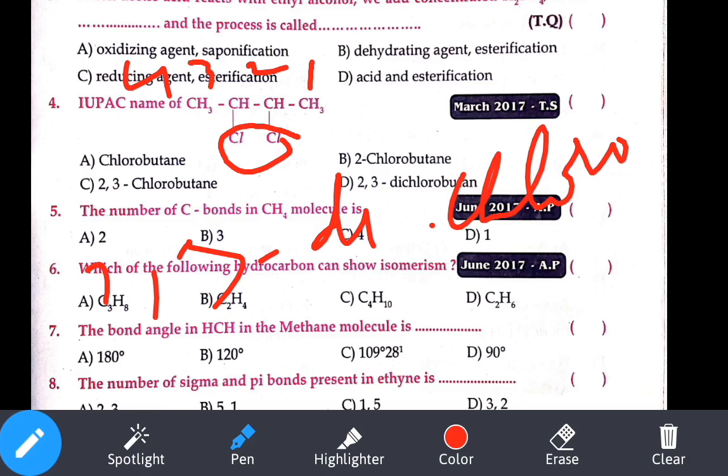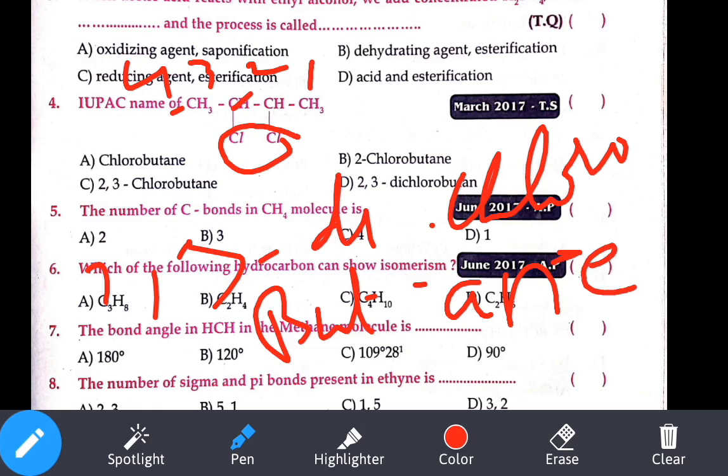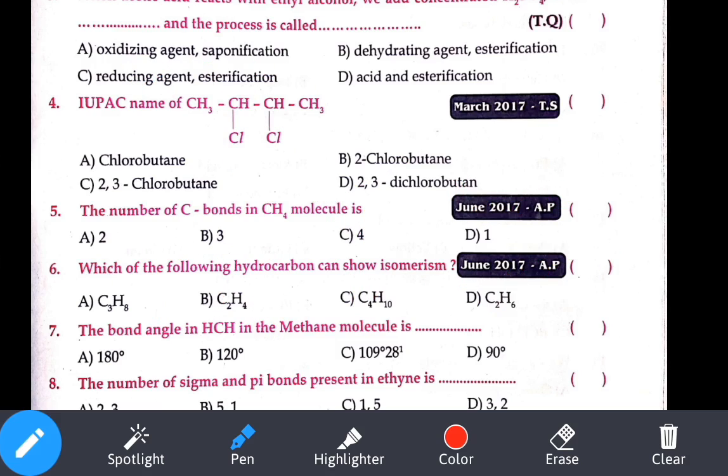Methane, ethane, propane, butane. So, but. After that, we have to see whether any unsaturated carbon compounds are present or not. There is no double bond or triple bond, so we simply write it as an hyphen. Then lastly, we have to see whether any functional group is there or not. If a functional group is not there, we just simply write it as E. So 2, 3 dichlorobutane. So what is the answer? Option number D is our answer.